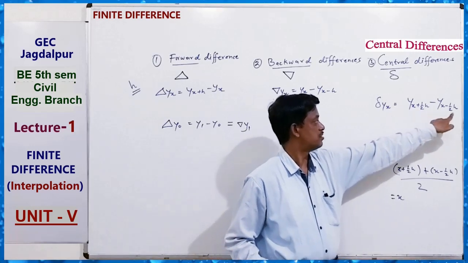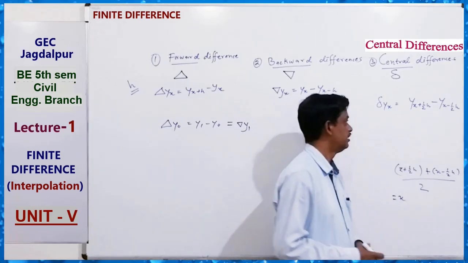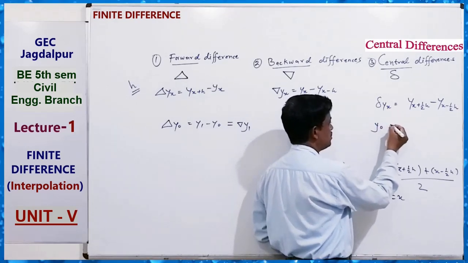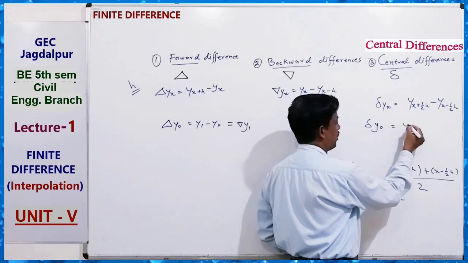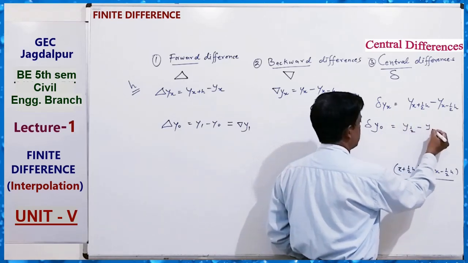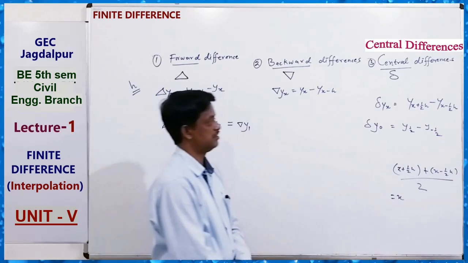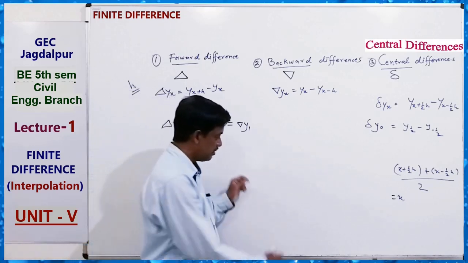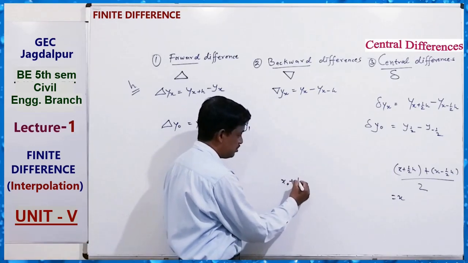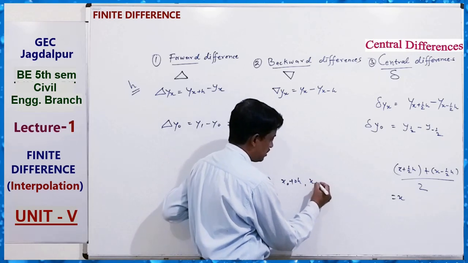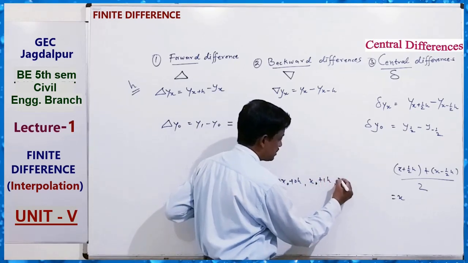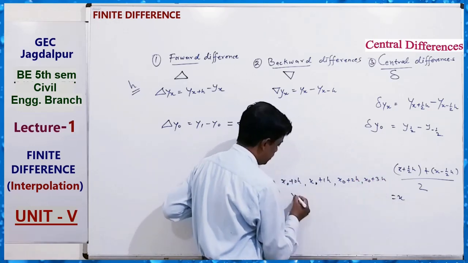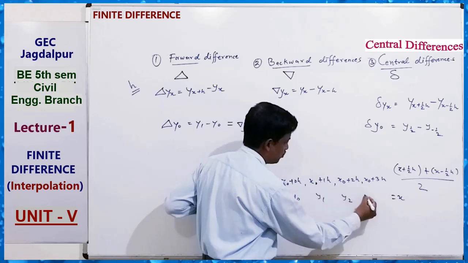It is based on half. Here we can see that δy0 equals y half minus y minus half, if we use that notation. The arguments are x0 plus 0 into h, x0 plus 1 into h, x0 plus 2 into h, x0 plus 3 into h, giving y0, y1, y2, y3.